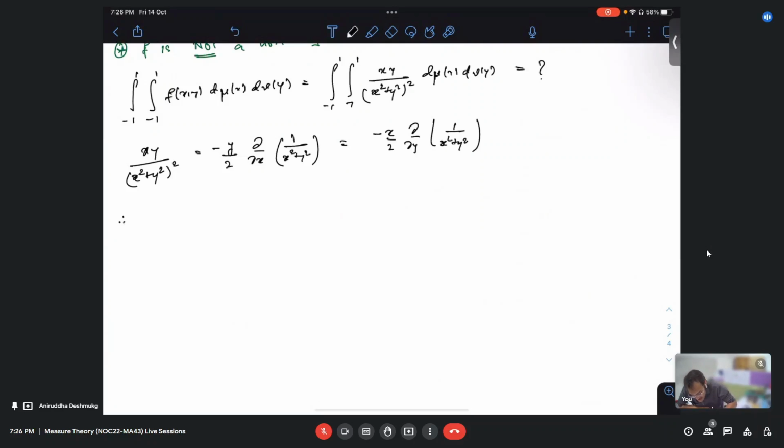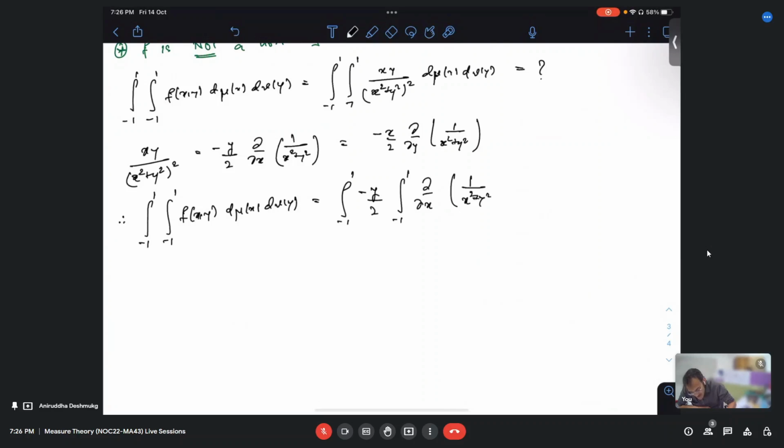So in our case, minus 1 to 1, minus 1 to 1, f of xy d mu x, d mu y. This is the integral from minus 1 to 1 of minus y by 2, times the integral from minus 1 to 1 of the derivative of 1 over x square plus y square with respect to x, d mu x, d mu y.